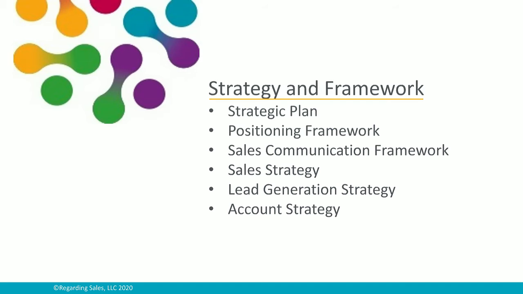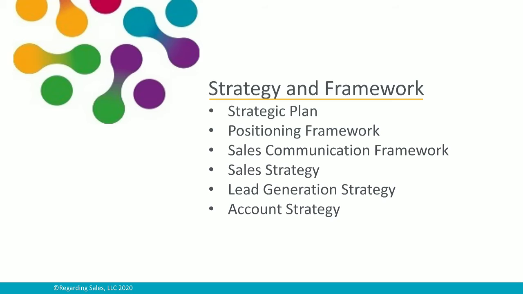We need a sales communication framework, and that is understanding who we're selling to, how they define their problems, and what outcomes they need in order to be successful. And then we can figure out what language makes sense to them. So that's a sales communication framework. We need sales strategy. It is great to have a number. How are we going to hit it? We need a lead generation strategy.